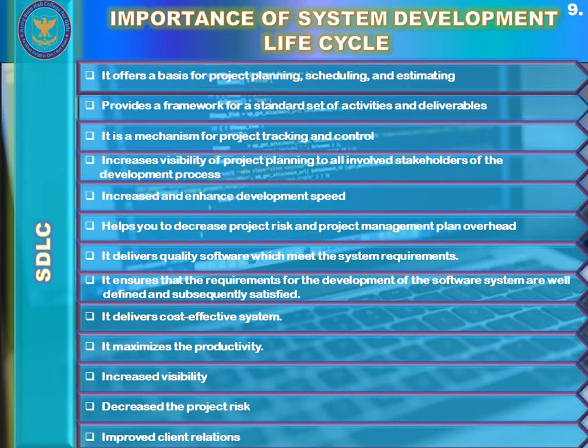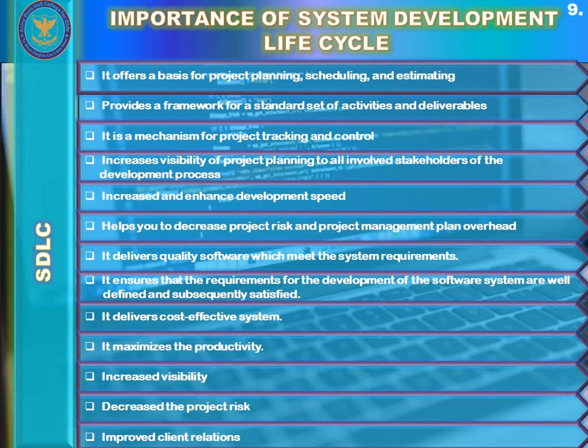Now, after the introduction of SDLC, we would talk about the importance of the system development lifecycle. The basic purpose of the system development lifecycle is to develop a system in a systematic, sequenced and perfect manner. Here are the prime reasons why the software development lifecycle is important for developing a software system. Number one, it is important because it offers a basis for project planning.